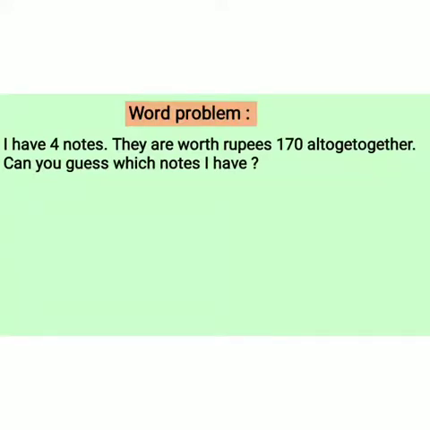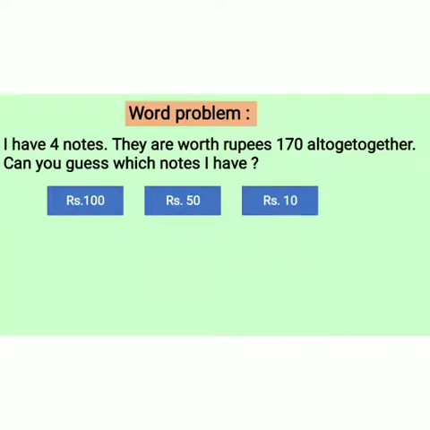The total is 170. So you have to write the value of 4 notes. So one note I am having 100 rupees, one I am having 50 rupees, then one I am having 10 rupees and one more 10 rupees. This total is equal to 100 plus 50 is 150, plus 10 is 160, plus 10 is 170.